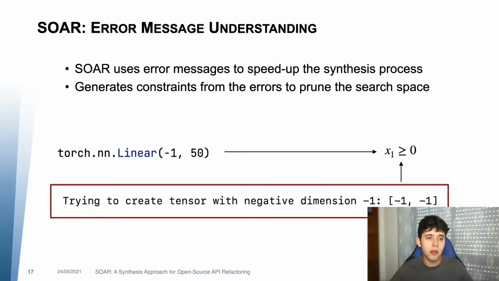For example, if we try to instantiate torch linear with a negative dimension, for example -1, then PyTorch will output the following error message: trying to create a tensor with negative dimension -1. SOAR interprets this error message to create a new constraint on the first argument of torch linear. In this case, the constraint it creates is x1 must be greater than or equal to 0.